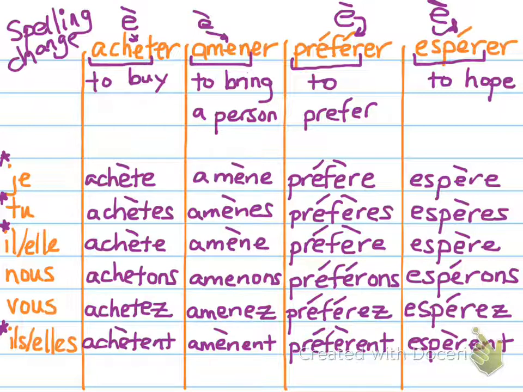Préférer: je préfère, tu préfères, il préfère, nous préférons, vous préférez, il préfère. Espérer: j'espère, tu espères, il espère, nous espérons, vous espérez, il espère.